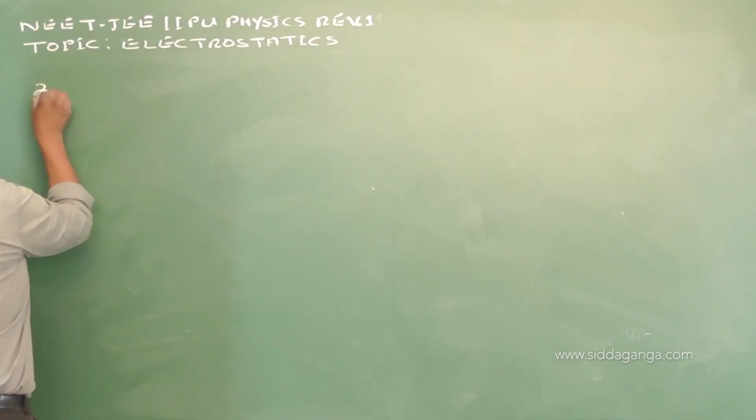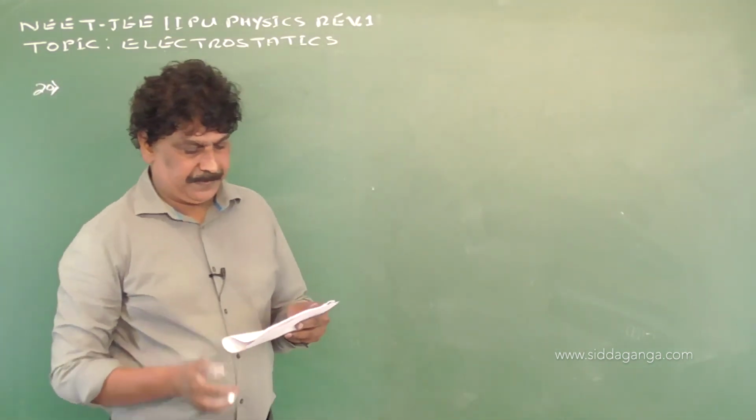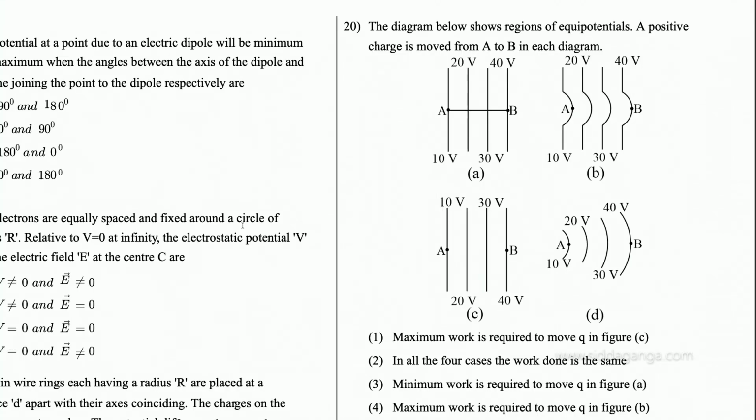Now question number 20. The diagrams below show the regions of equipotentials, and a positive charge is moved from A to B in each diagram. The maximum work is required to move the charge from Q, and all the options are given.